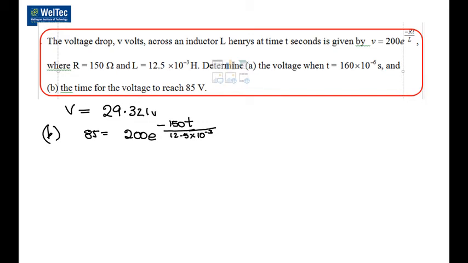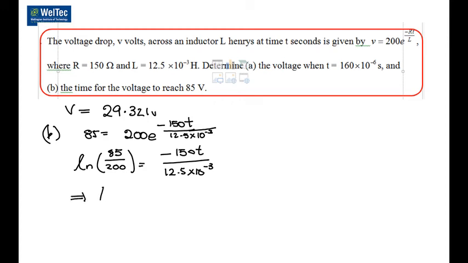Right, we're looking for t, so if we divide both sides by 200 and then take the natural log of each side, like that, and if we rearrange it, t is equal to the natural log of 85 over 200 times 12.5 times 10 to the negative 3 divided by negative 150.